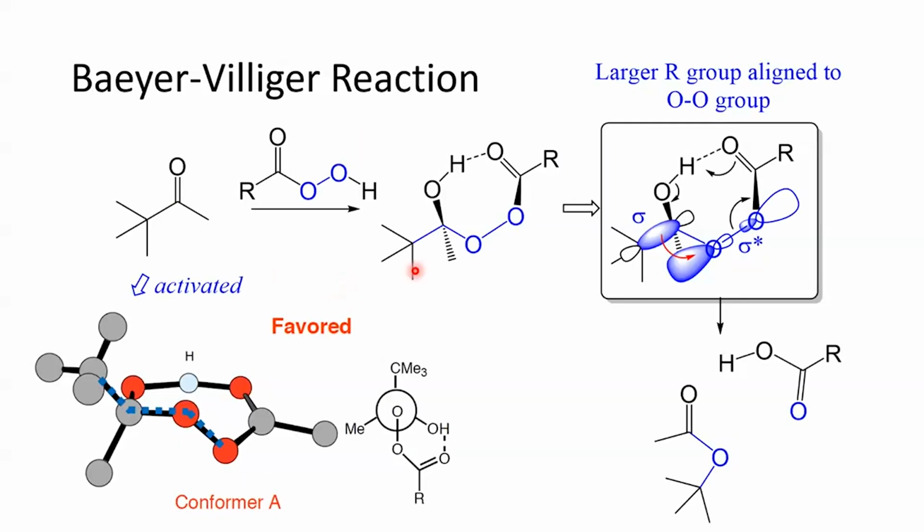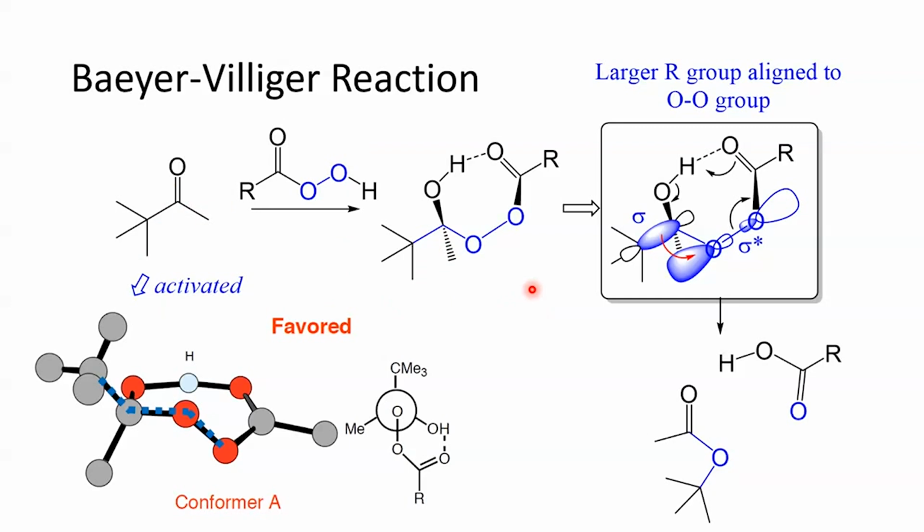If we draw the reaction intermediate, shown here, we can start to understand why that is. So the reaction occurs when a nucleophilic alcohol group, we'll call it, attacks the electron-deficient carbon of the ketone, creating this intermediate shown here.